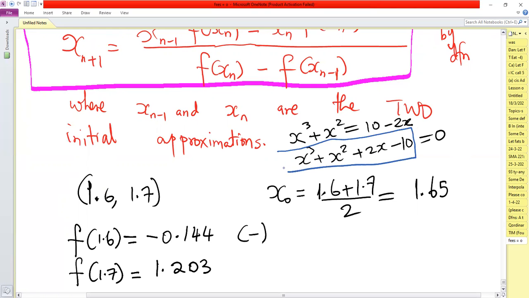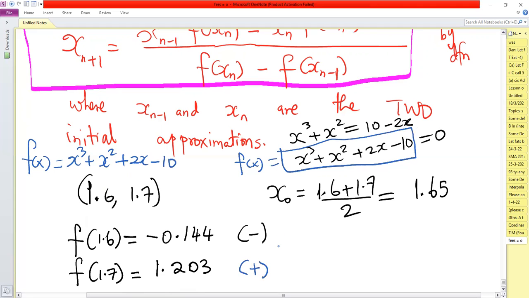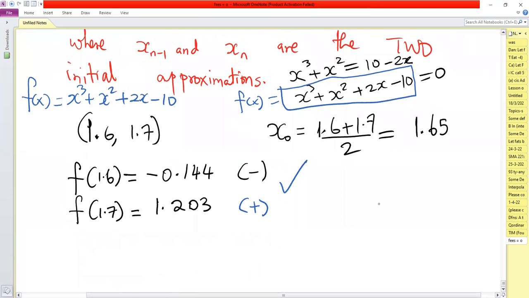So when you put x as 1.6, you get this value, and when you put 1.7, you get this value. So this is positive. So indeed, our solution lies between 1.6 and 1.7.